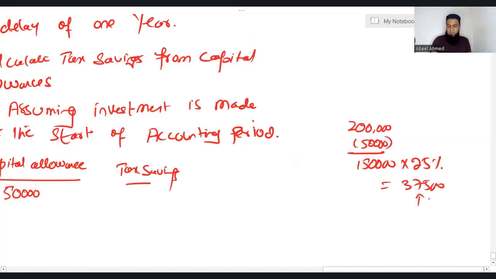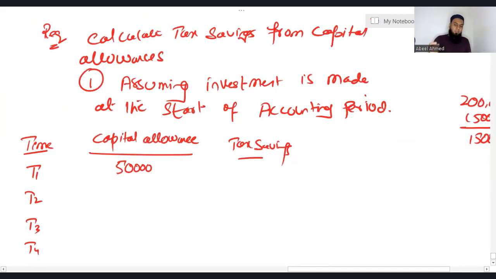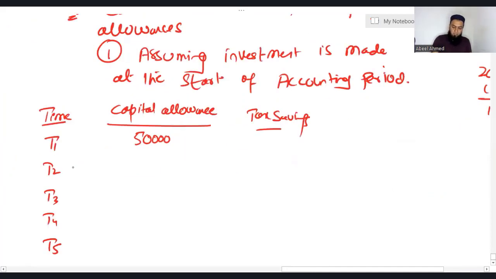The shortcut is, instead of calculating net book value each year, you can take the capital allowance of the previous year into 75%. Since the reducing balance method is 25%, all you need is to take the first year capital allowance and multiply it by 0.75. What if we had used 20% tax depreciation, 20% written down value?